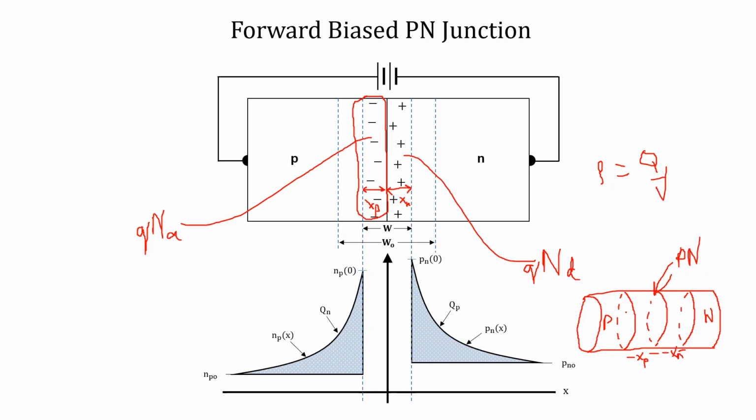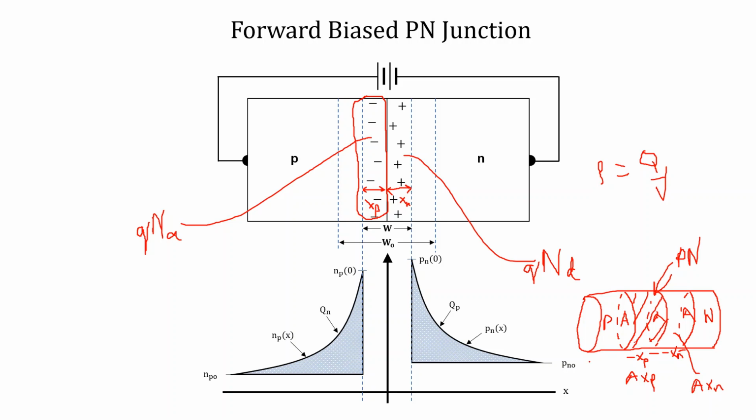Let us say the cross-sectional area is A throughout. So the volume of this section will be A times xp, and the volume of this section will be A times xn.